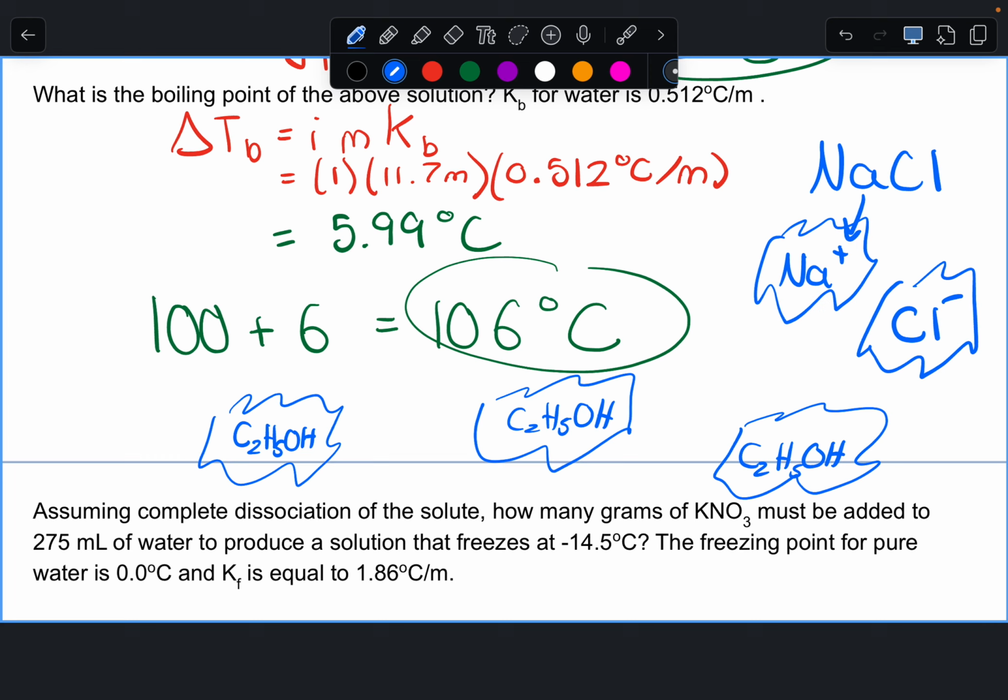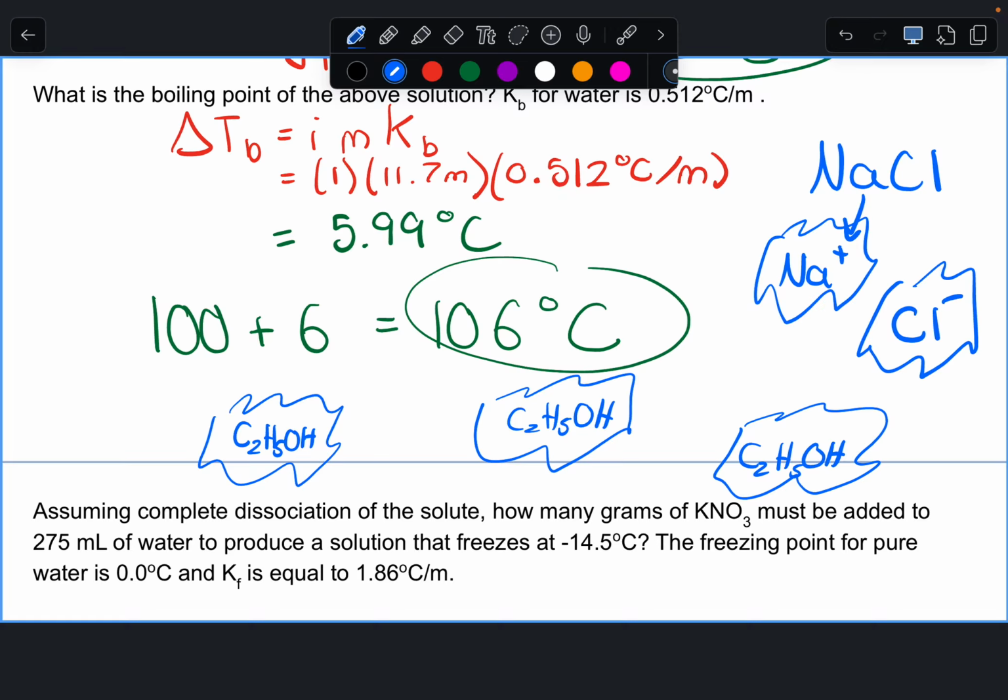Okay, and the number of things is what affects that change in boiling point or freezing point. And so the I is what accounts for that. So when ethanol dissolves, it starts as one thing and it goes to make one thing per total number that you started with. So if you have 100, you still have 100.